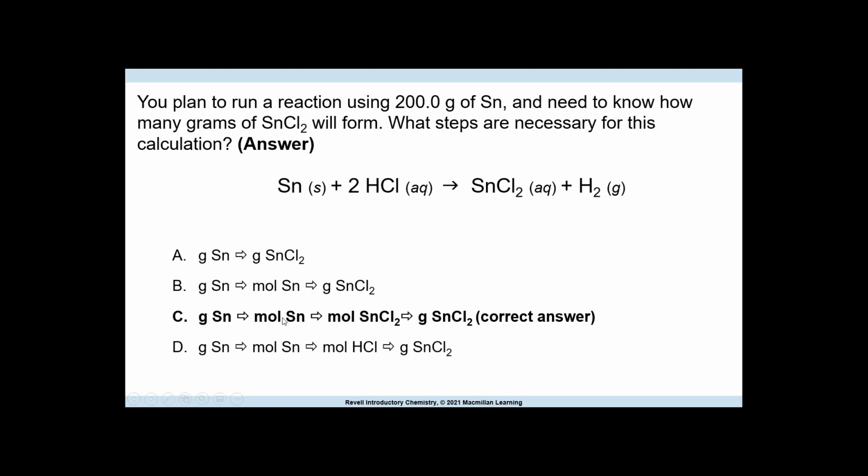We don't work in grams. You have to get it out of grams, regardless of the problem. 99% of the time, 99.99% of the time, you've got to get it into moles. Then we go from moles of our reactant, using a mole ratio, to moles of the product that we're interested in, then to grams of that using molar mass. So it's going to be C.